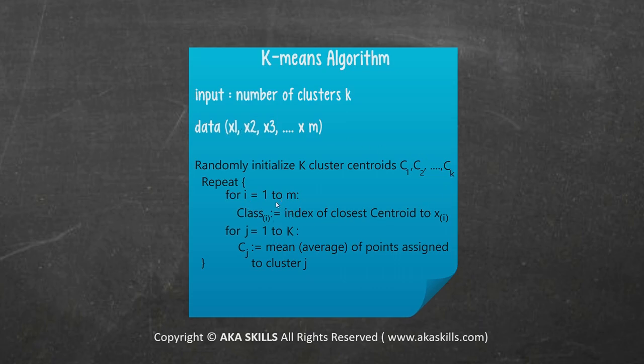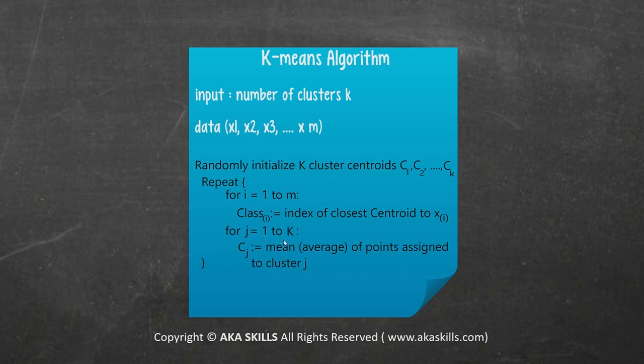Then after we finish, we loop over our centroids, from 1 to k. In our example, we had from 1 to 3. Each centroid becomes the average of the points assigned, that means the average of the x's assigned to cluster j.